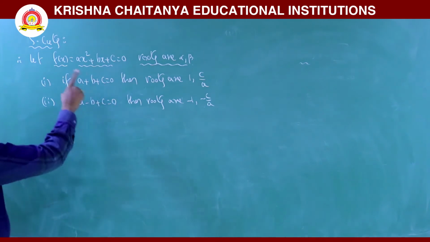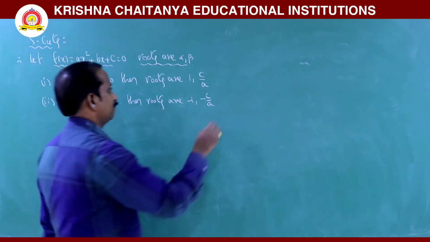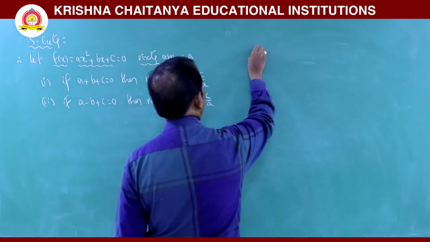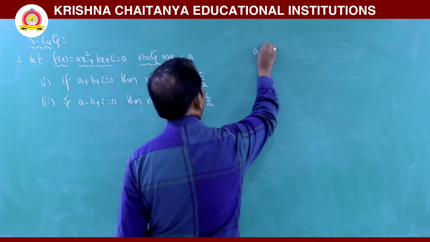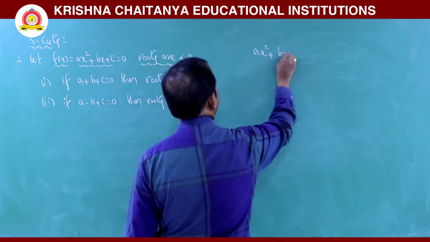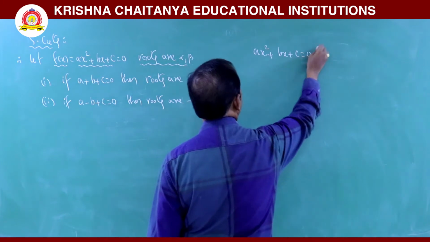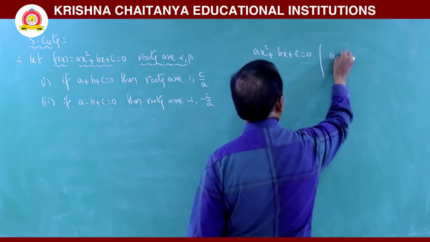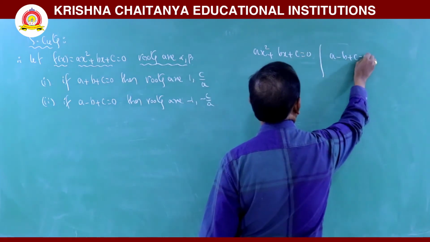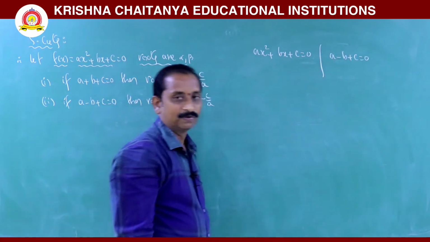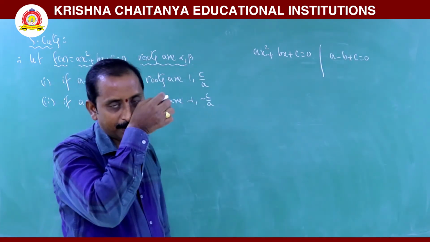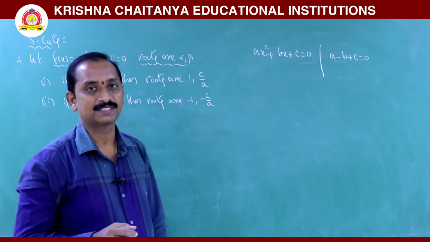Now, go to the proof of this one. The given quadratic equation is a times of x square plus b times of x plus c is equal to 0, such that the condition a minus b plus c is equal to 0. We prove that for the respective polynomial the roots are minus 1 comma minus c by a.